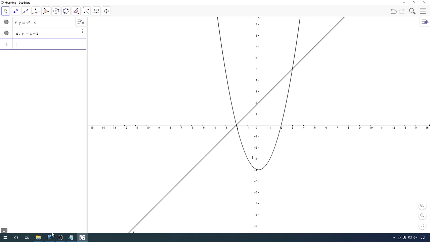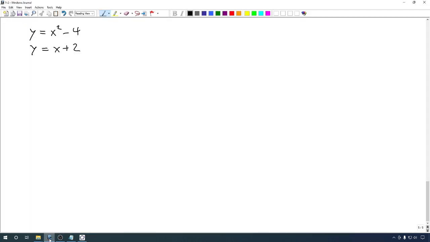Of course, how difficult it is to actually find the points of intersection does depend on the complexity of our equations. But when we have these nice simple equations where we have y equals some formula in terms of x, then it actually is not too hard.